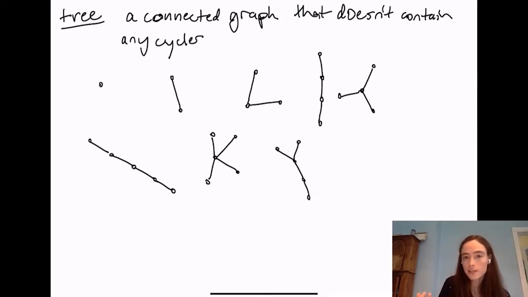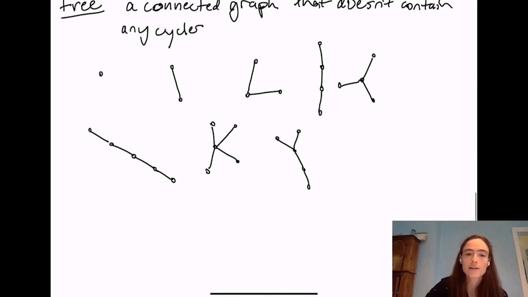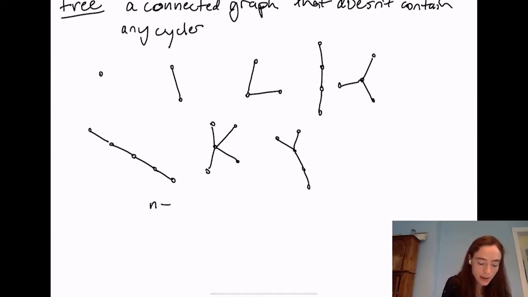So obviously the number of trees on a given number of vertices increases as the number of vertices increases, but there are many fewer possible trees than there are total possible graphs for the same number of vertices. And another interesting fact about trees is that a tree on n vertices will have n-1 edges.